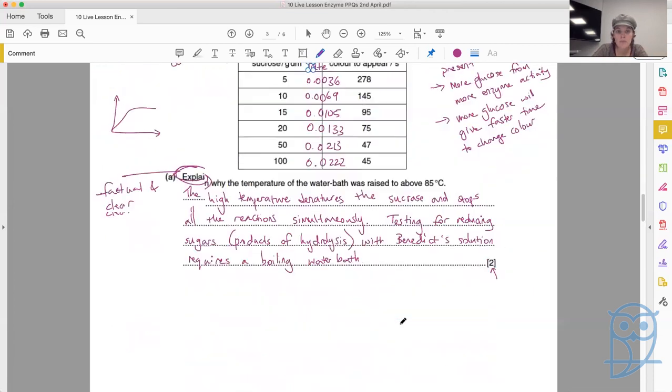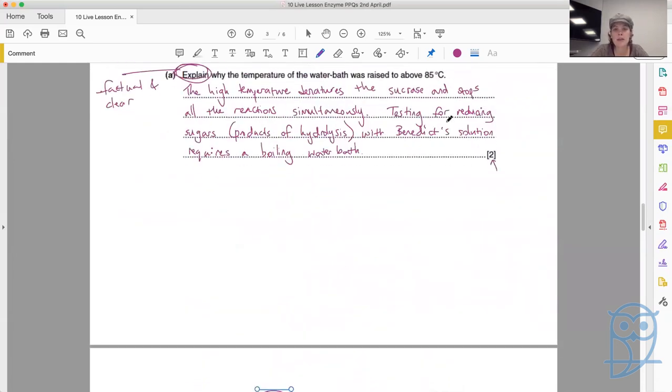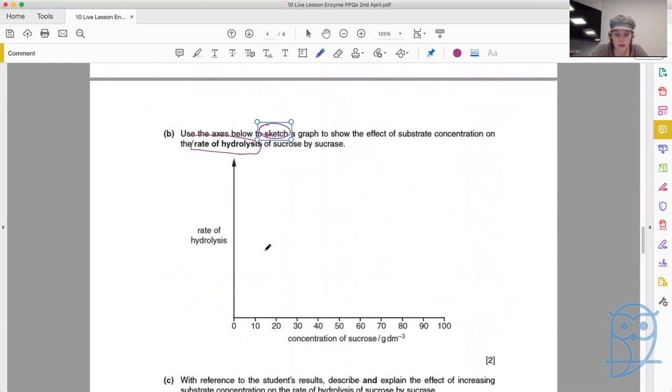Okay, so back down here, we are sketching. We don't have units on this vertical axis, or labels, sorry. So we're not plotting graphs, but we've got to get an idea of where we level out. And we leveled out at a concentration of about 50, from 50 to 100, we're constant, we know that.